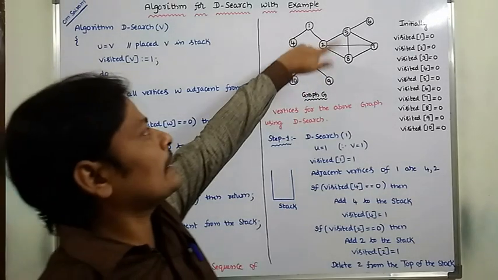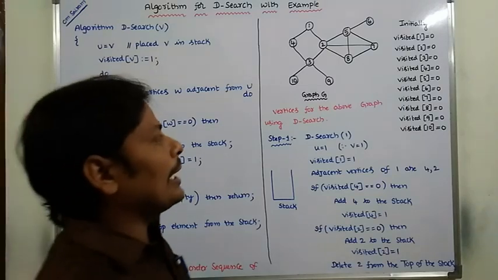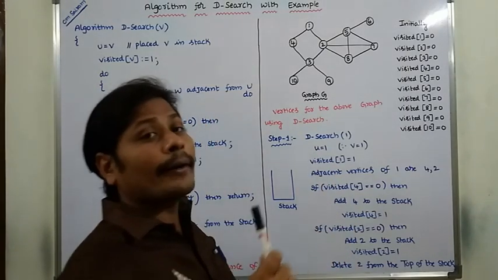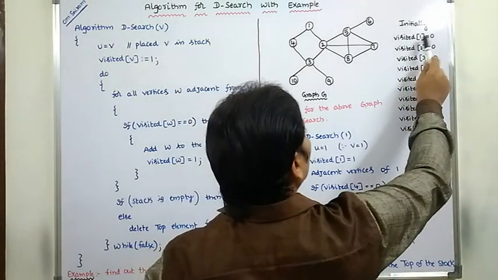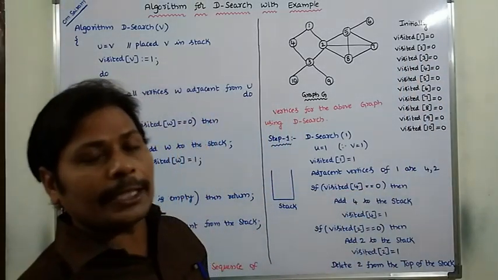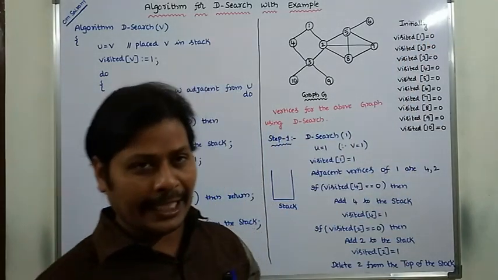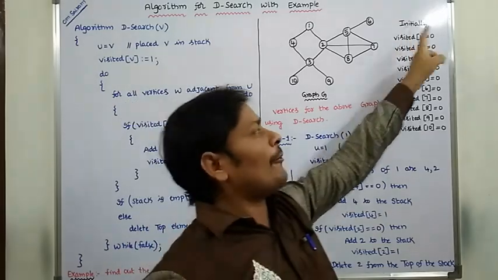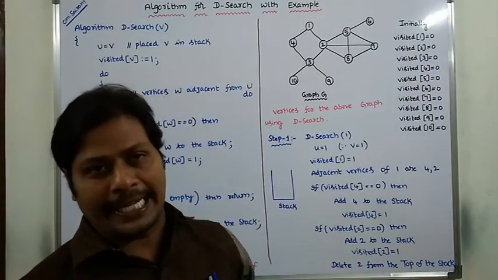This graph consists of 10 vertices. Initially all vertices are unvisited. Unvisited is denoted by visited of 1 is equal to 0, which means vertex 1 is unvisited. Suppose visited of 1 is equal to 1, that means vertex 1 is visited.